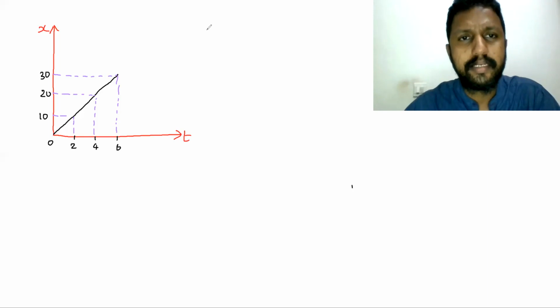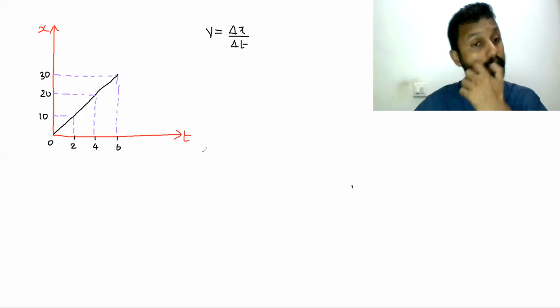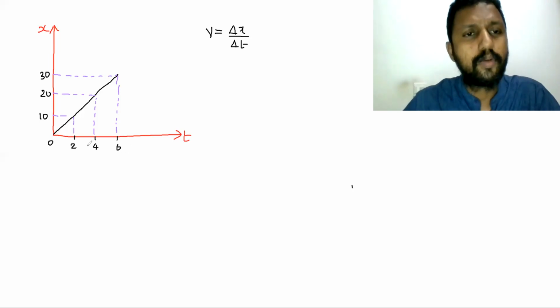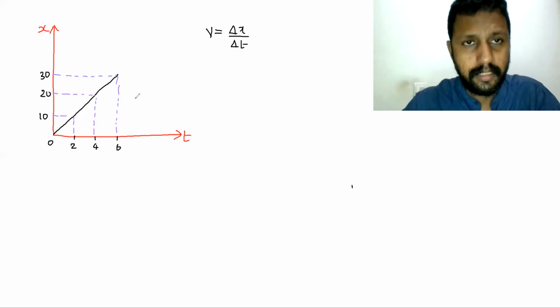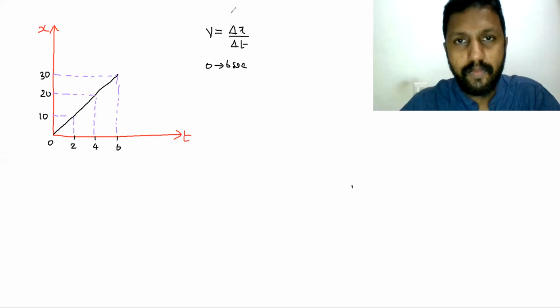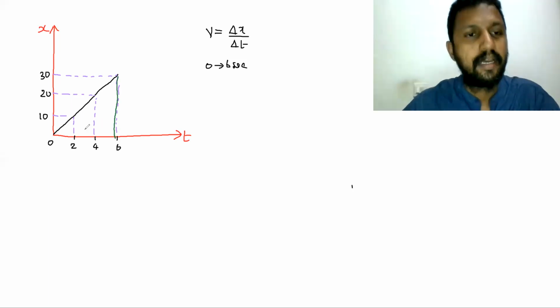We have calculated velocity by using the formula delta x by delta t. If you are calculating the velocity from 0 to 6 seconds, we will have to consider a triangle like this.